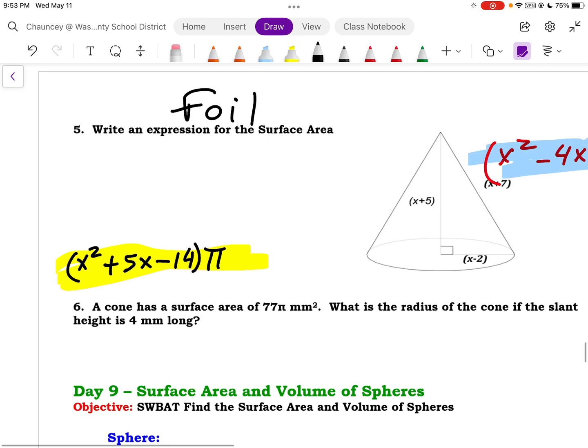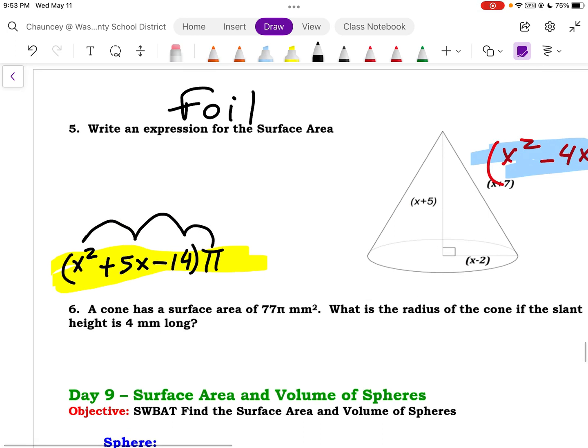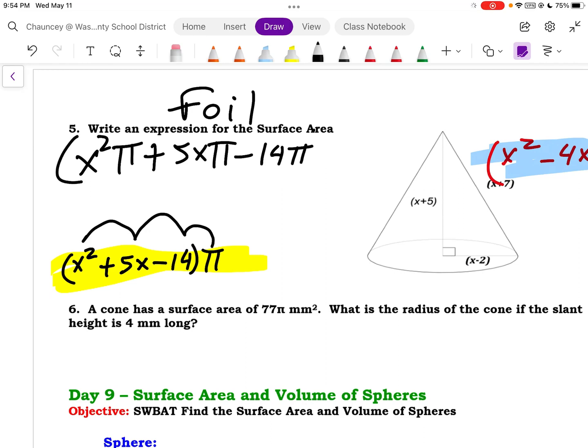All right, so now, if you were to end up distributing to this, to that, and to that, you get x squared pi plus 5x pi minus 14 pi.